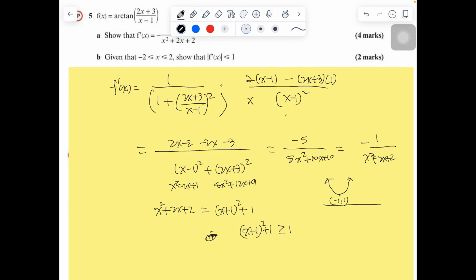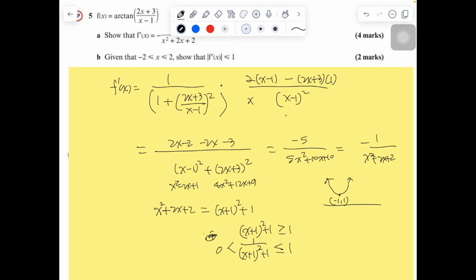But we need to find the reciprocal of that. So x plus 1 squared plus 1 over 1 becomes, when the number is reciprocal, the inequality symbol will be the opposite side. So 1, but it is never negative, so larger than 0.